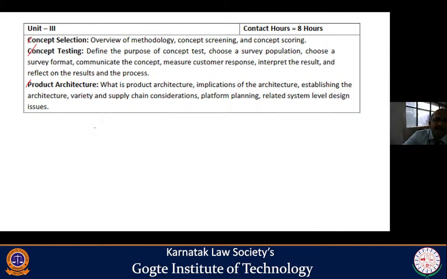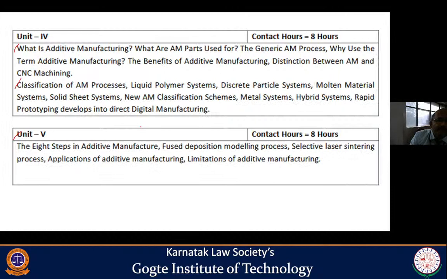Otherwise you will have questions only up to level 2, but including units 1, 2 and 3, we can go for L3 Bloom's level. Unit 4 and unit 5 are L2 level, and you have straightforward questions. The entire syllabus is of theoretical type and a few case studies.